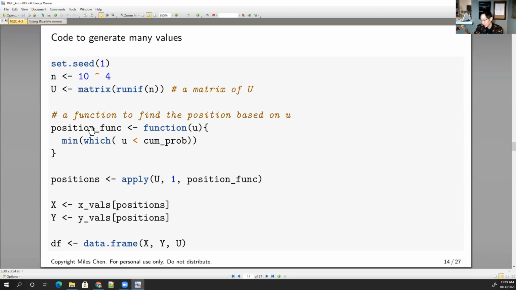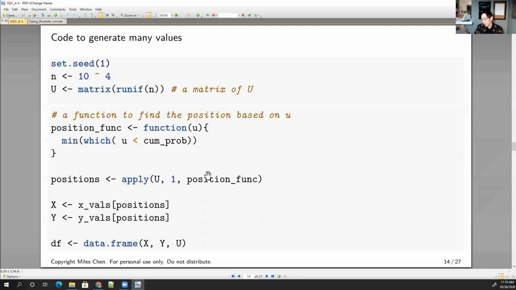So I write the position function, and then I use the apply function in R. I take all of my random uniform values, turn them into a matrix, and apply on u in dimension 1, applying the position function.